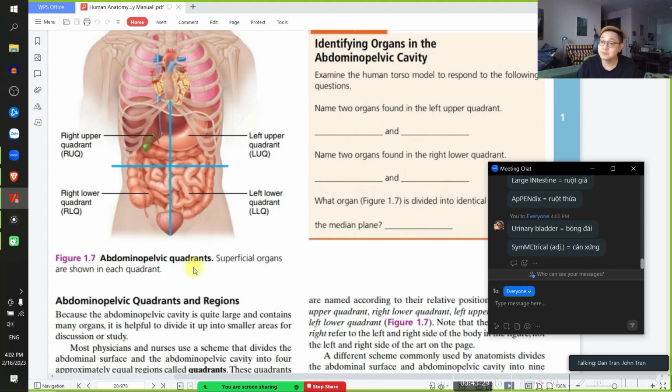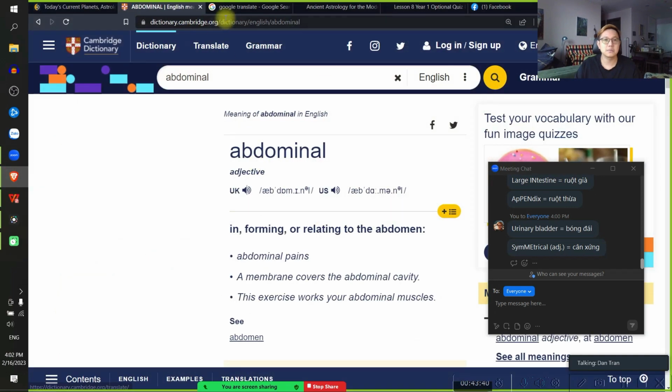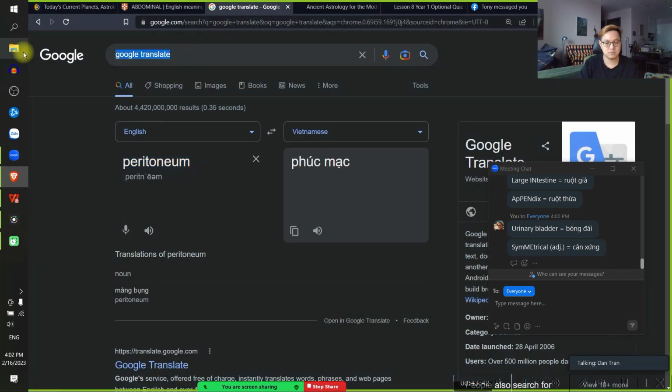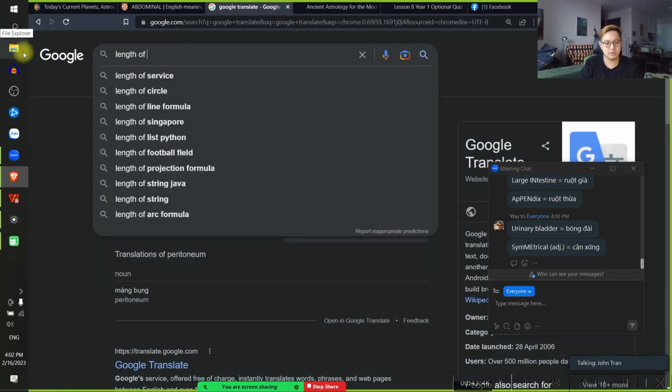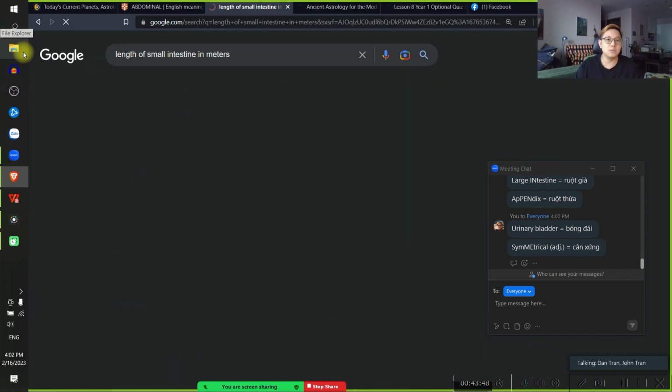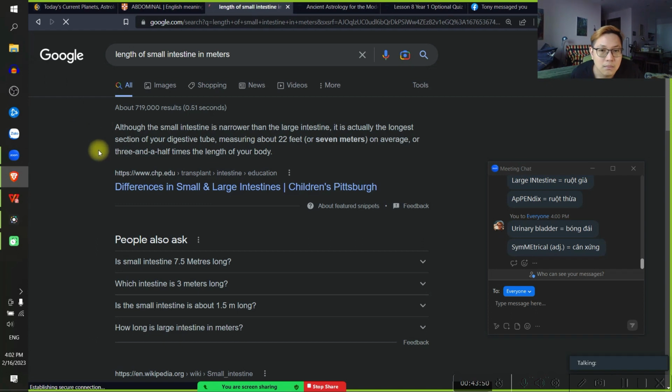Teacher, how many meters long is our intestine? I remember 25 to 30. If I remember the length of the small intestine, it's 22 feet, 7 meters. Wow, that's really long.